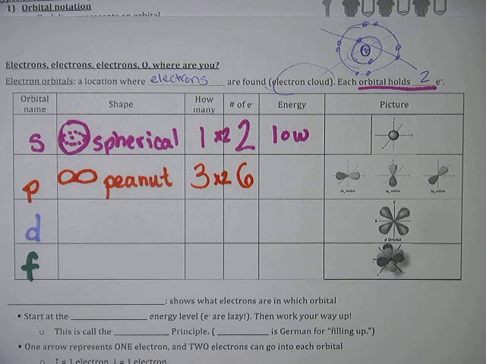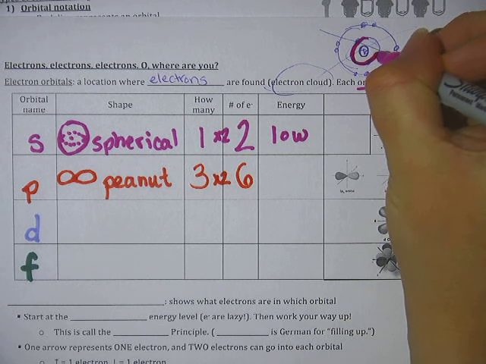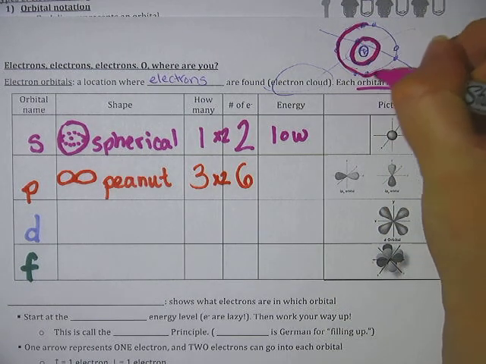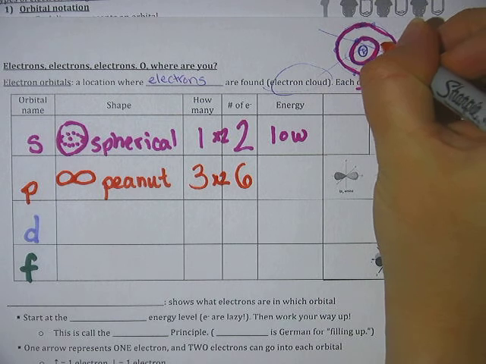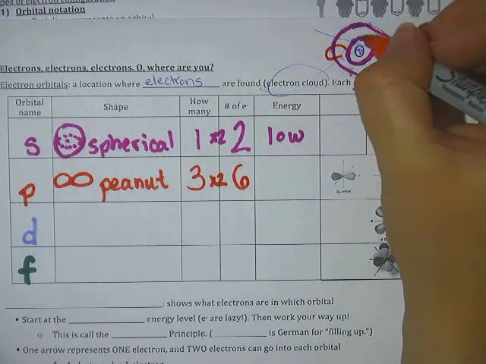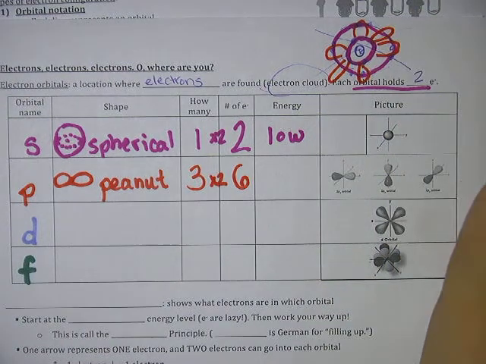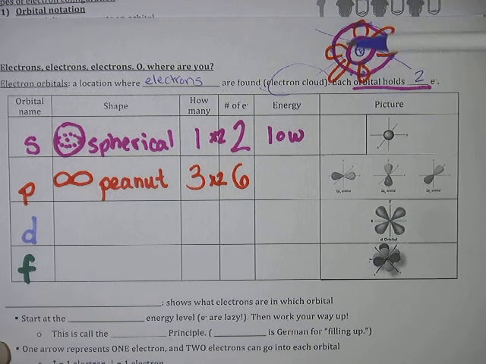So if we go back and look at the planetary model, the first energy level only has s. The second energy level has s orbital, but it also has 3 p orbitals. So it's like, here's a peanut, there's a peanut, there's another peanut coming forward and backward. And I know my art is not very good, but that might help you a little bit to think about what it looks like.